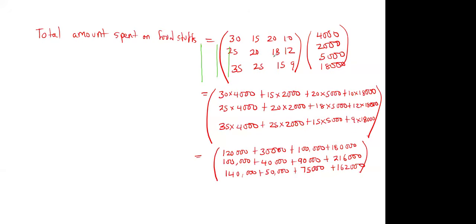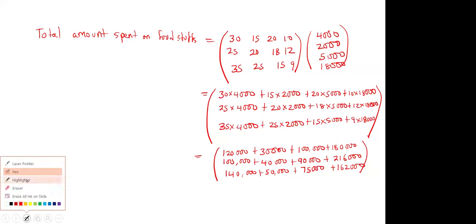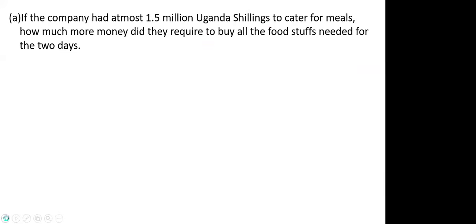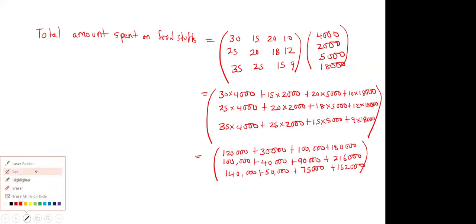Okay. Thank you. Now, Elijah, unmute. Do you have a question? Yes, teacher. You said we put the title. Here is the title, total amount spent on foodstuffs. No, this is not the title.